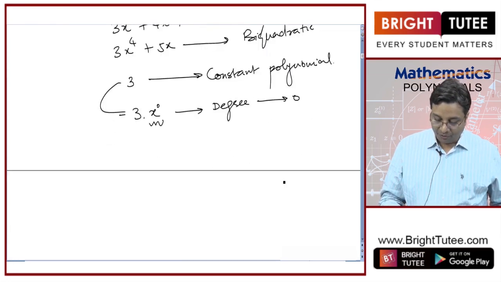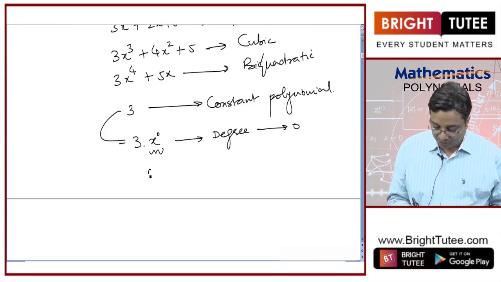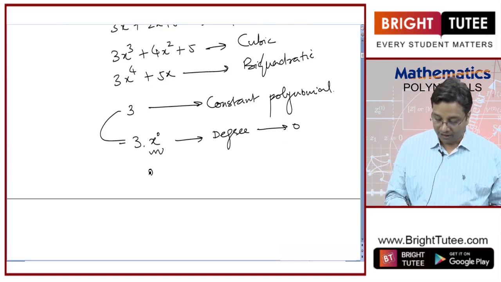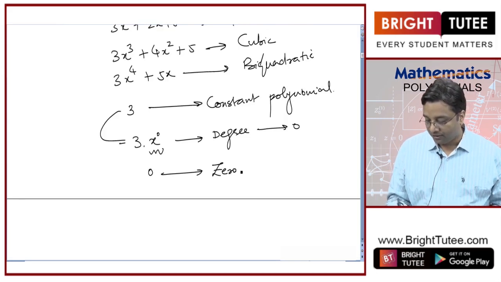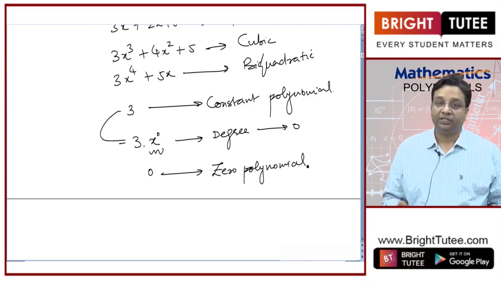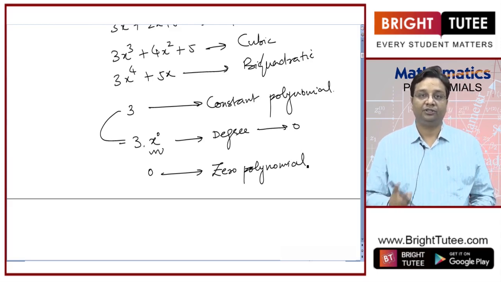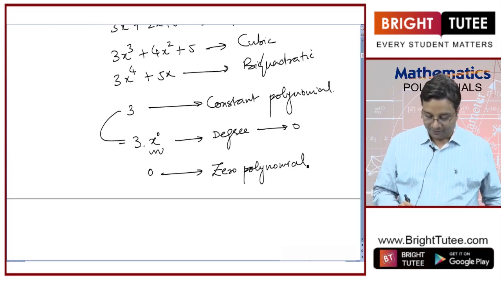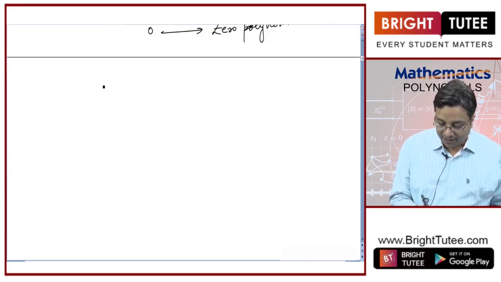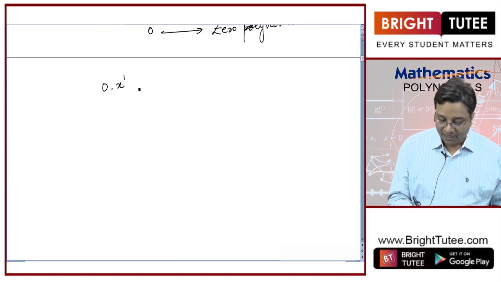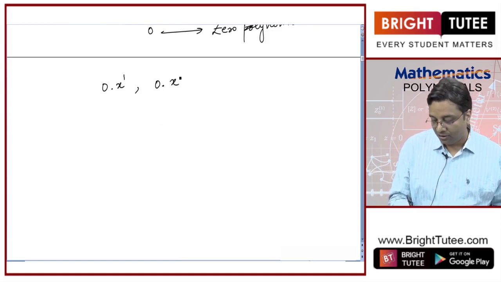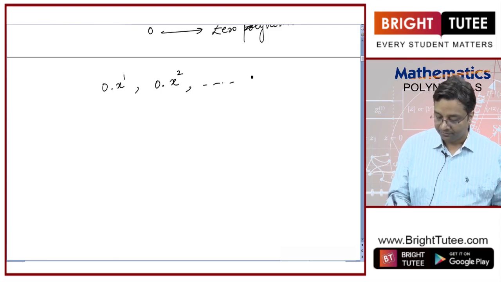And if I give you a polynomial, let us say I give you only 0. What kind of polynomial is this? This is known as zero polynomial. And students, you need to take care that the degree of 0 polynomial is not defined, right? Why? Because if I write 0 like this, 0 into x raised to power 1, I can also write it as 0 into x raised to power 2 or 0 into x raised to any power.